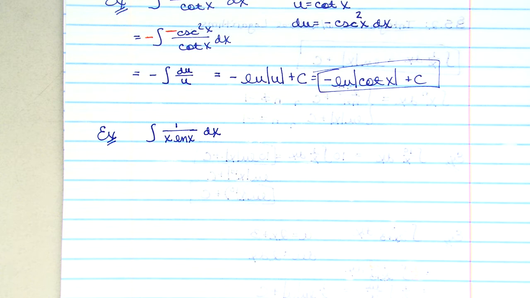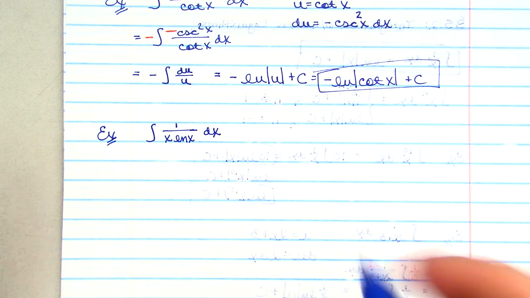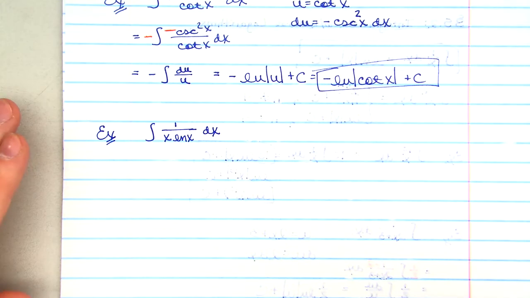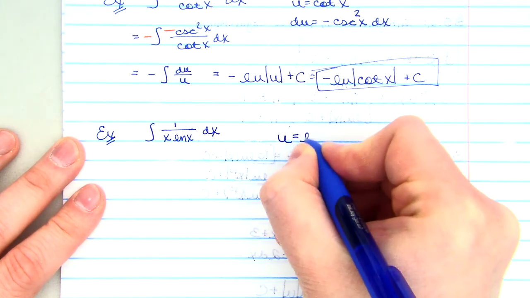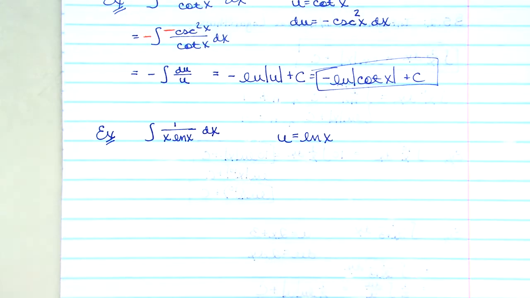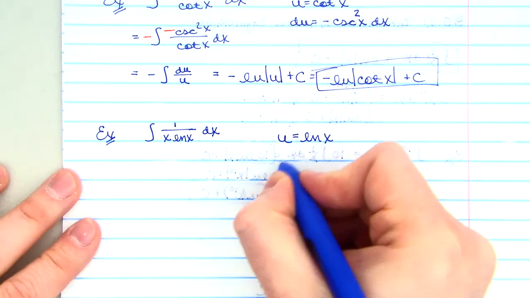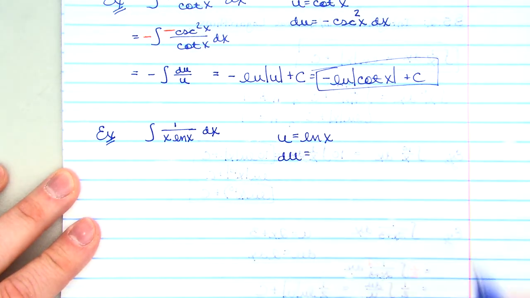You don't know how to integrate the natural log, which means if it's going to be in a problem somewhere, maybe that will be part of our u, and that will just get taken care of. So let's say u is the natural log of x. Its derivative is what?